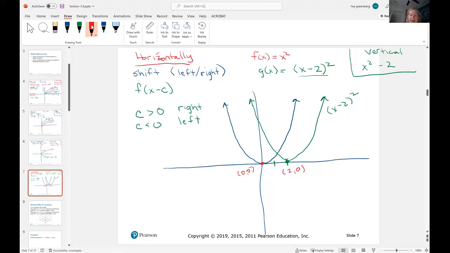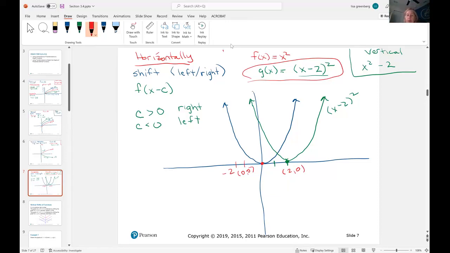So if I plug 2 into this function, I'll get 2 minus 2, which is 0 squared, which is 0 for my y value, which is what I have here. If I plug in -2, I would get -4 squared, which is 16. So that means when x is -2, it's way up here at 16.